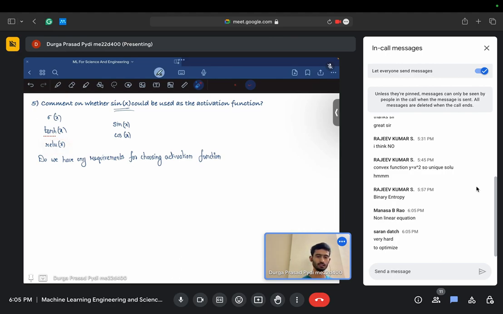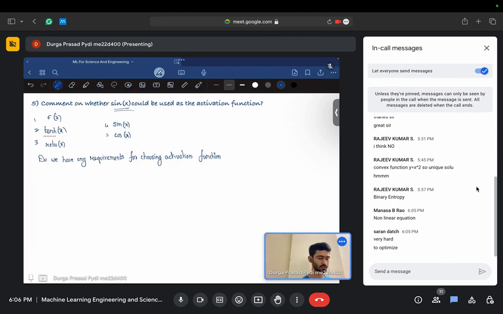Okay, so very hard to optimize. So what exactly is hard to optimize? Which of these is actually hard to optimize? So maybe I'll put some names so you can say 1, 2, 3, 4 and 5. Which of these is hard to optimize?